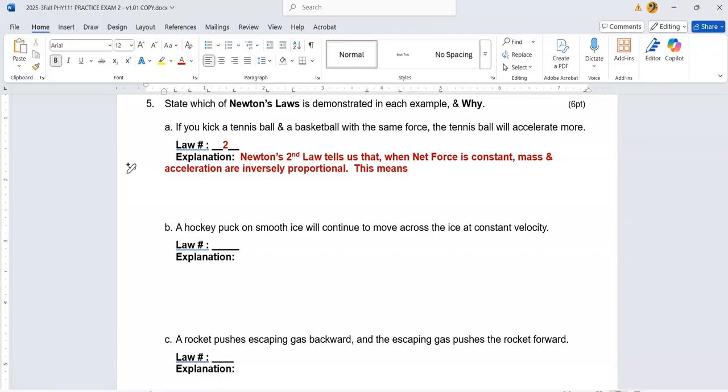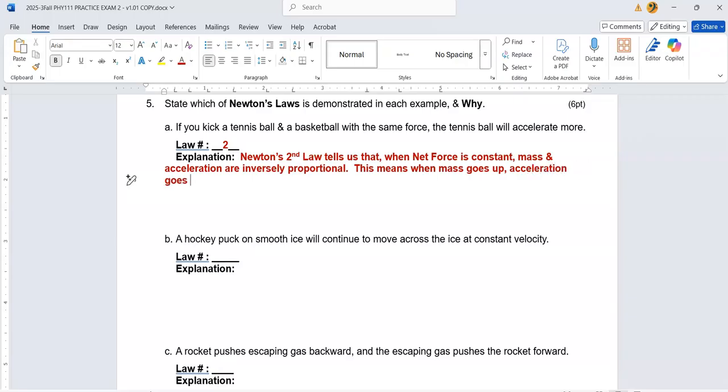This means that when mass goes up, acceleration goes down, and when mass goes down, acceleration goes up. They are inversely related.